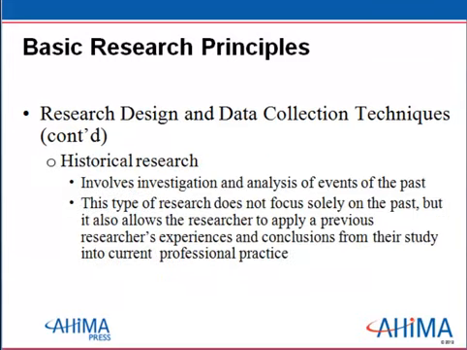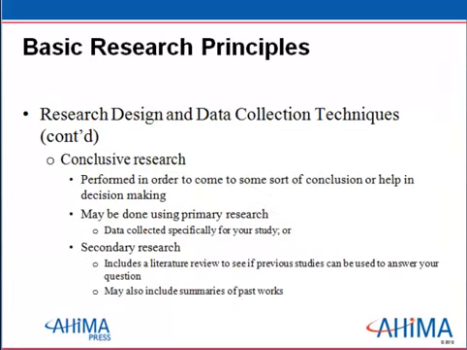Historical research involves an investigation and analysis of past events. This type of research also allows the researcher to apply previous researchers' experience and conclusions as part of the current practice.